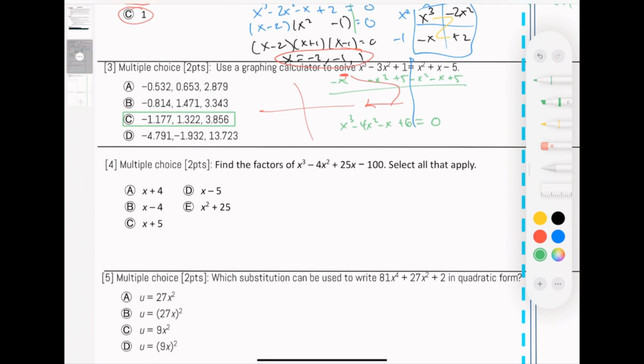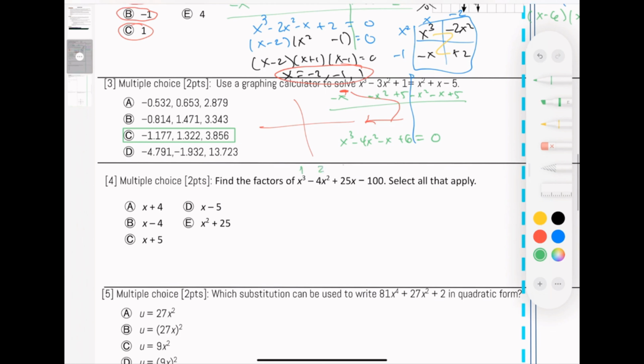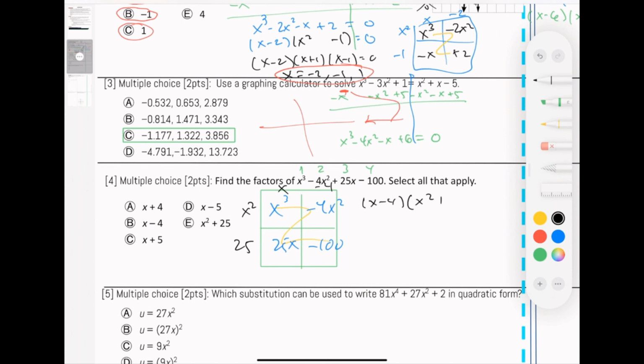Number 4, find all of the factors. So 4 terms. I'm going to factor by grouping. There's no greatest common factor. X squared, X, 25, and negative 4. I can just set each of these equal to 0. There's one solution.